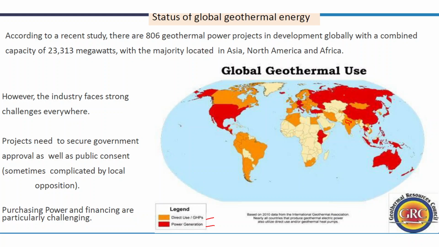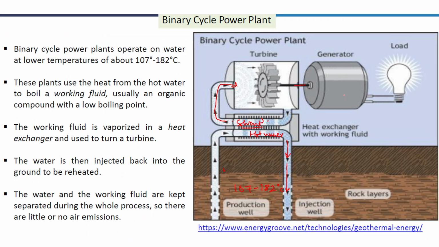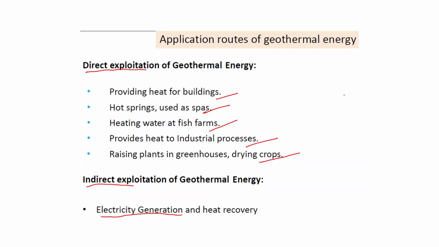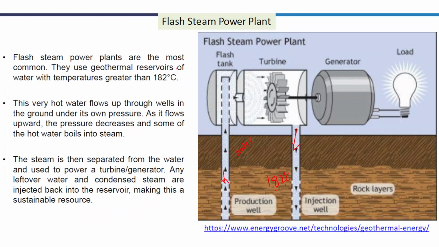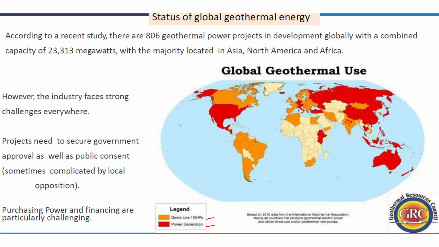Basically, we extract the thermal energy and use it for water heating, as I have told you, such as hot springs, heating water for fish farms, or providing heat for buildings, etc. So direct use is done in India mostly. For power generation, very few countries, such as Australia here and these areas in Russia and these areas here, use geothermal energy for electricity production.